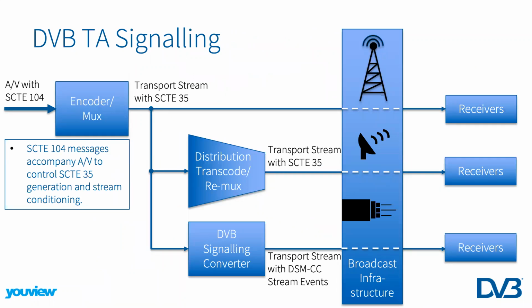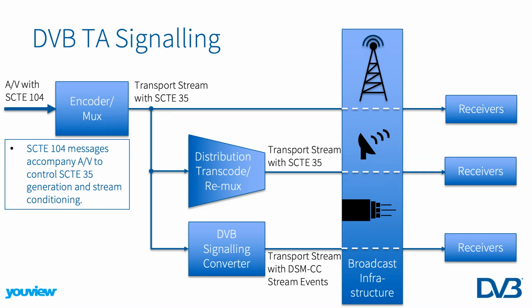So, starting with the uncompressed signal, we have adopted the SCTE specifications, as this was really a natural place to start. When it's uncompressed, it is the SCTE 104 format of messages that describe how to create an SCTE 35 message.